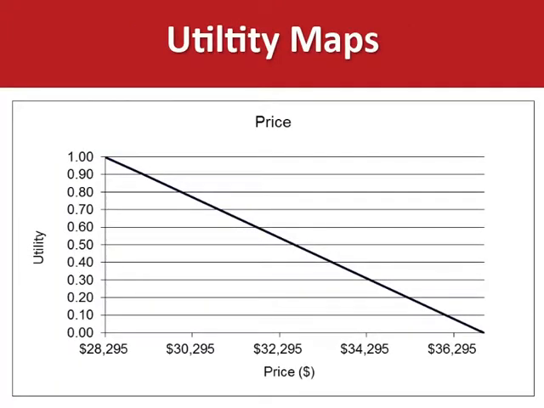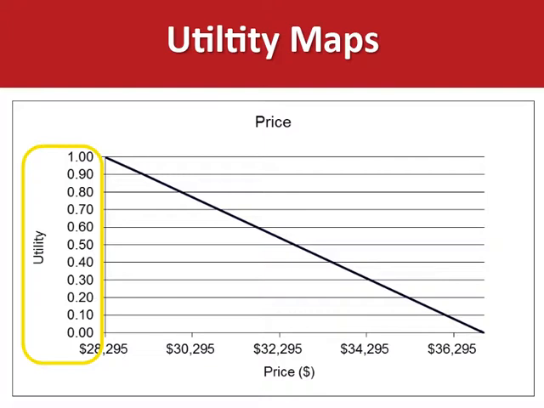A utility function in decision theory is a way to map from units of something we understand, like dollars, to units in this other thing called utility. Utility is just an abstract measure of preference, or if you like, satisfaction from something.